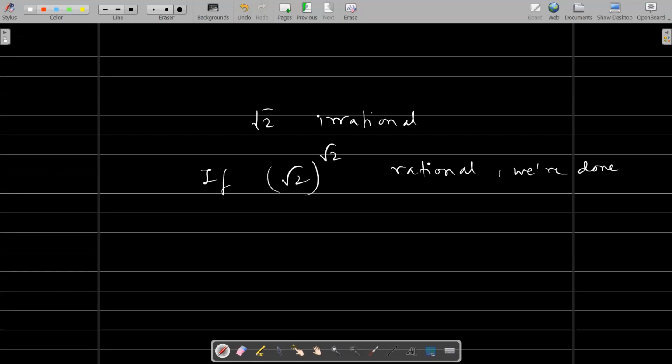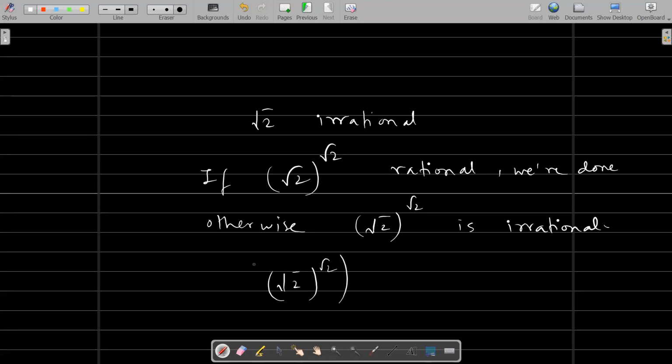Otherwise, if root 2 raised to root 2 is irrational, in that case you again look at root 2 raised to root 2, whole raised to root 2.